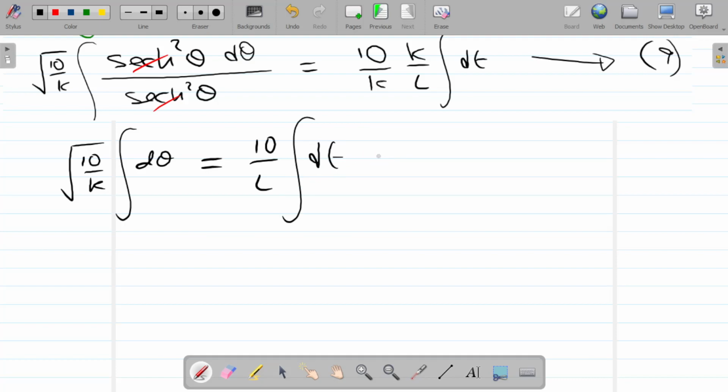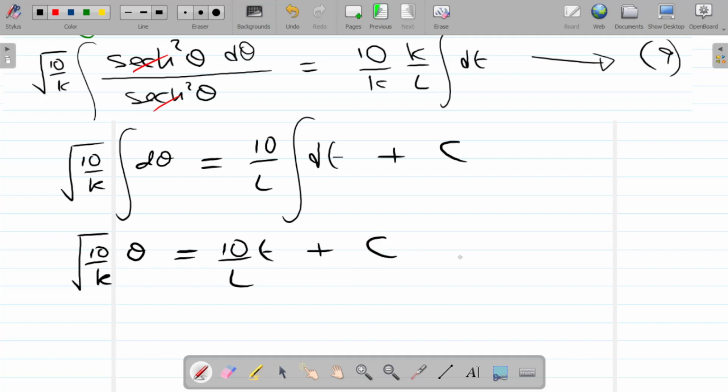And we'll add on our constant of integration now. So what we get if we integrate both sides of this equation is the root of 10 over k theta equal to 10 over L t. Oh, and of course the C, we've already added that in, so we just leave it as plus C there. So that is equation 10.